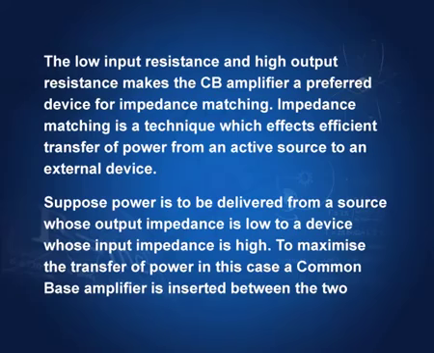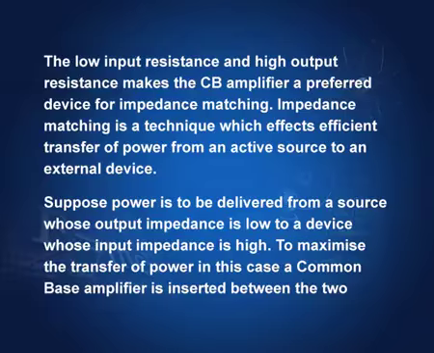Impedance matching is a technique which effects efficient transfer of power from an active source to an external device. Suppose power is to be delivered from a source whose output impedance is low to a device whose input impedance is high. To maximize the transfer of power, in this case a common base amplifier is inserted between the two.